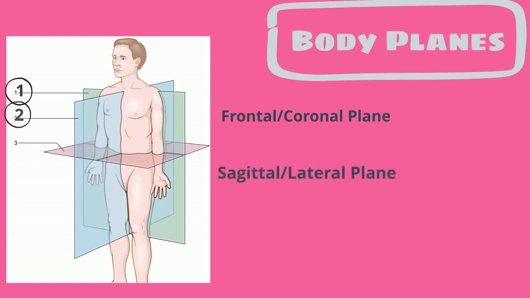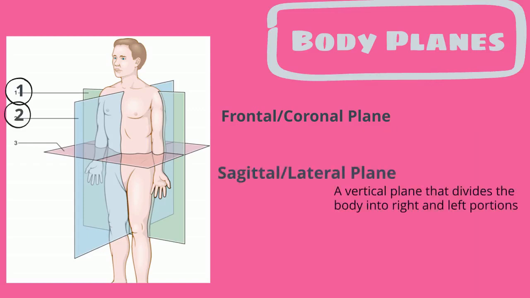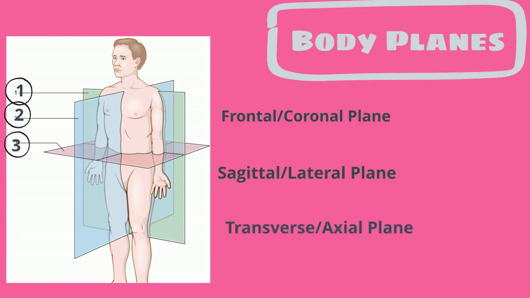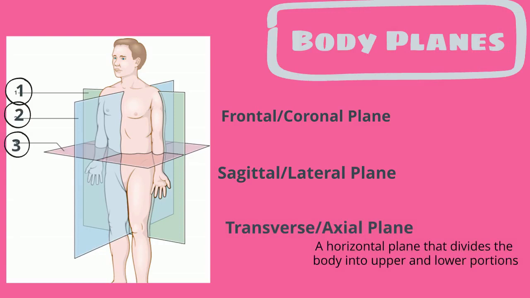The sagittal plane, also called the lateral plane, is also a vertical plane, top to bottom, dividing the body or body part into right and left portions. A mid-sagittal plane would be exactly in the middle. The transverse plane, also called the axial plane, is the only horizontal plane. It divides the body or a part of the body into top and bottom or upper and lower portions.